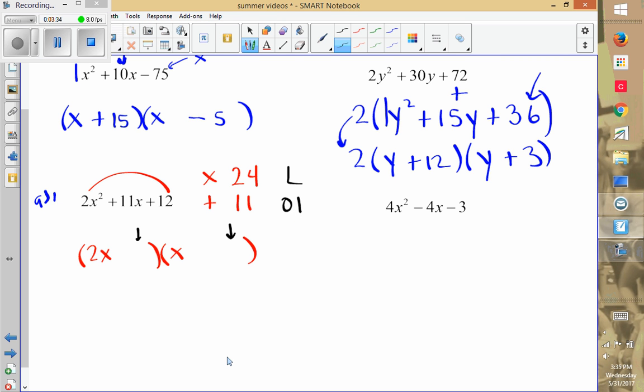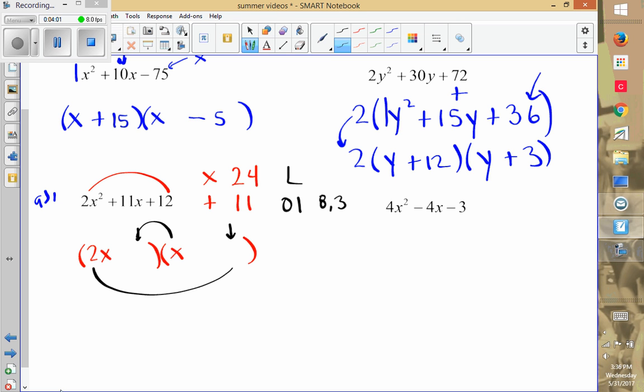So the numbers that multiply to 24 and add to 11 are actually 8 and 3. But here's the catch. I cannot just put 8 in one and 3 in the other like I did before. The 8 and the 3 have to come from the O and the I. I already have a 2x.